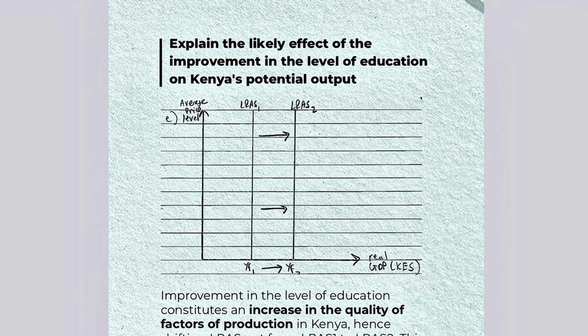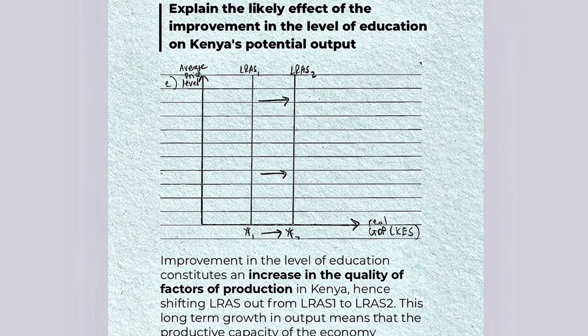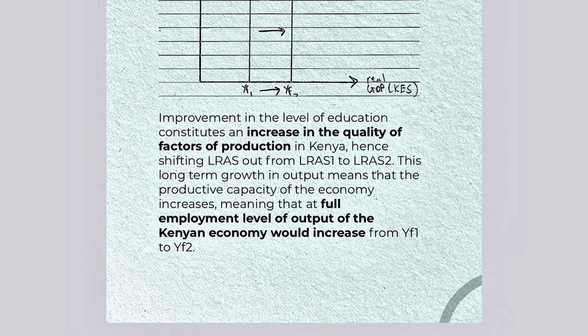So that will be 2 marks for the diagram, as we have correct labels and a correct shift. And the result of the improvement in the level of education in Kenya is the increase in the quality of the factors of production. And the effect of this is that the full employment level of output of the Kenyan economy will increase from YF1 to YF2.